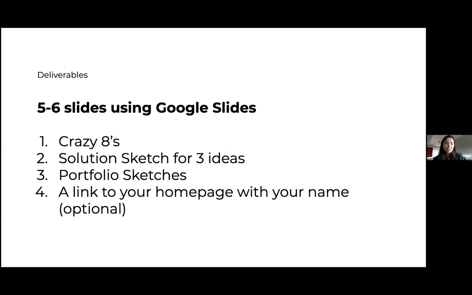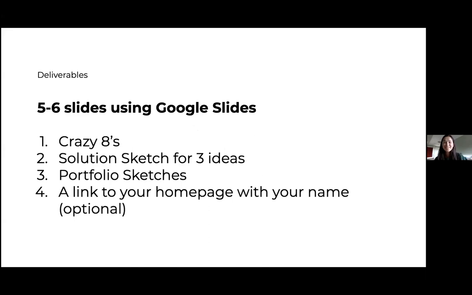We're going to talk about deliverables. It says 5 to 6 slides, which looks like a lot compared to other weeks. That's only because it's going to take up space, so you need slides. And also, this week's deliverables should be done pretty quickly and easily compared to other weeks, especially last week. Crazy Eights takes 8 minutes, I'm pretty sure, or 10 minutes.